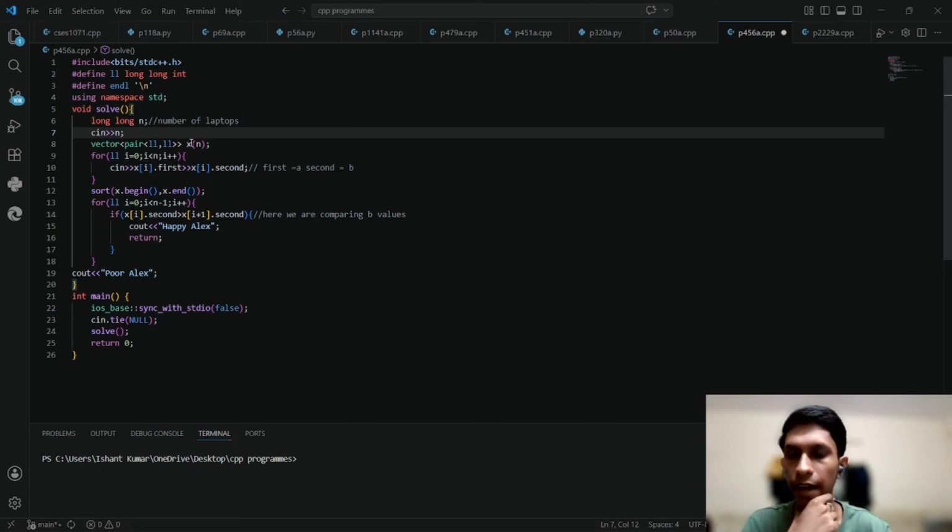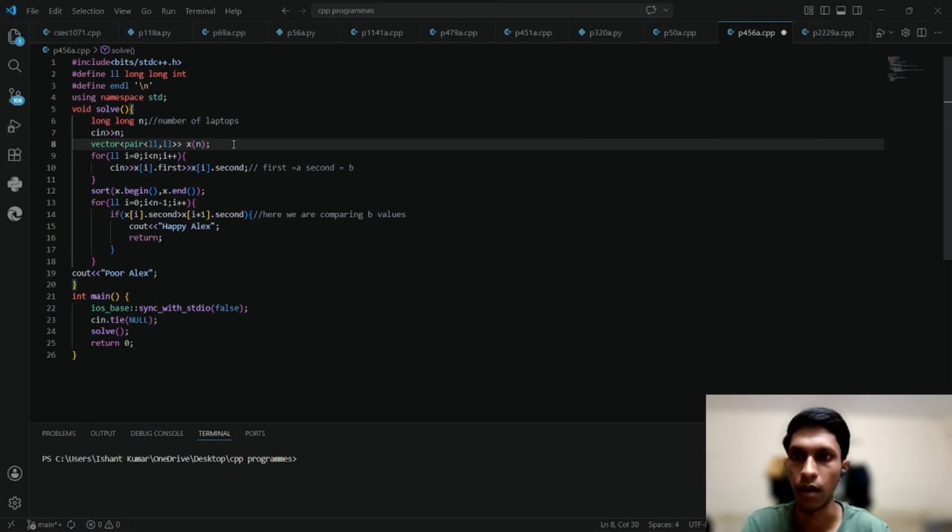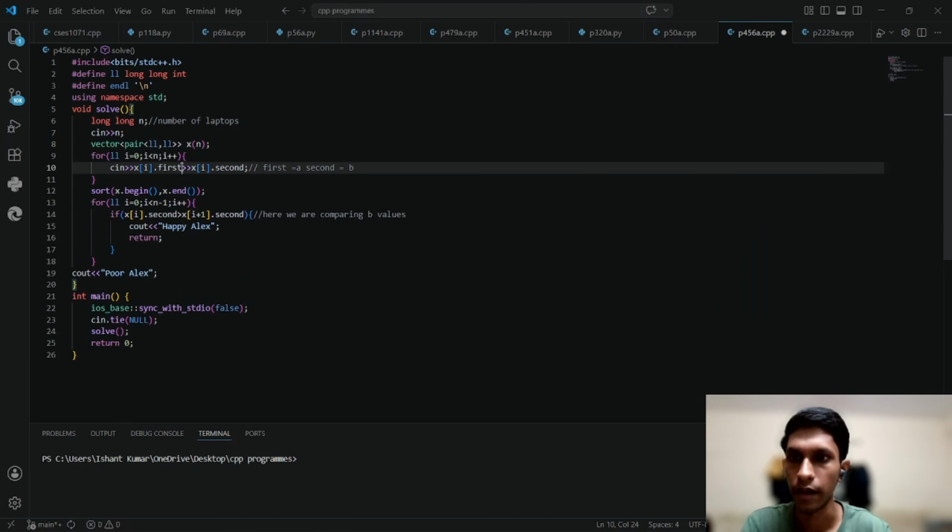So I've taken n and I'm making a vector of pairs of size n. Here x first denotes A and x second denotes B. So x first denotes the price of the laptop and x second denotes the quality of the laptop.